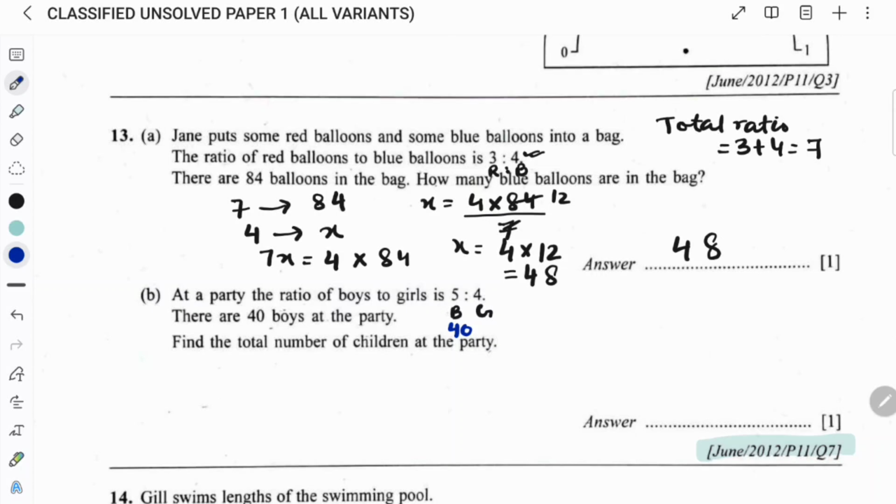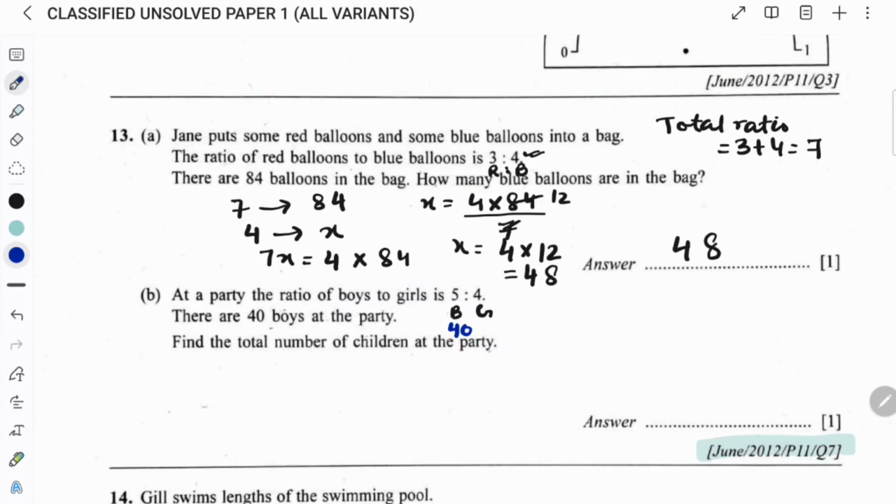There are 40 boys at the party, and we need to find the total number of children at the party. Since they have given us the total we want, there is no need to find the number of girls. Otherwise, you can also find the number of girls at the party and then add it to 40 to get the total answer.